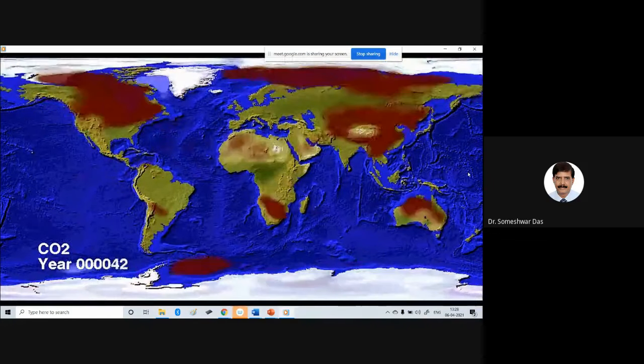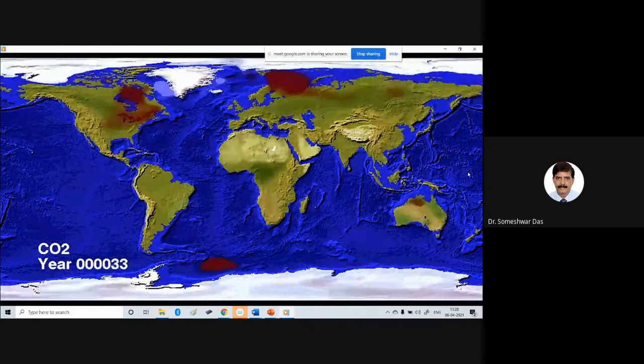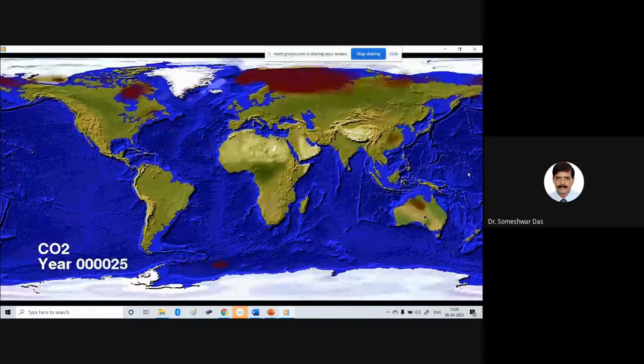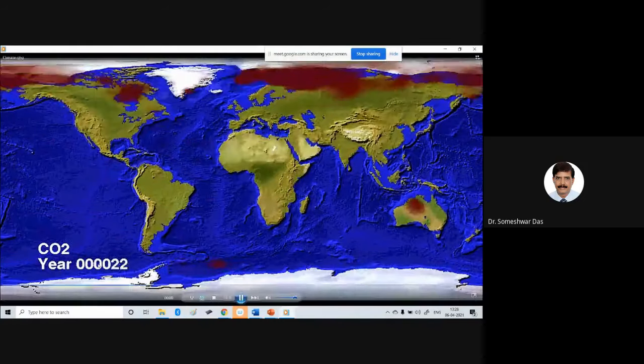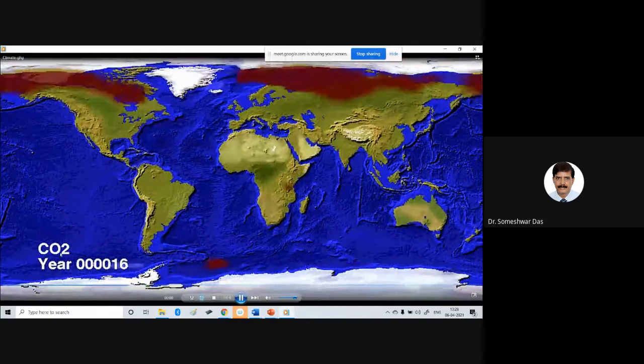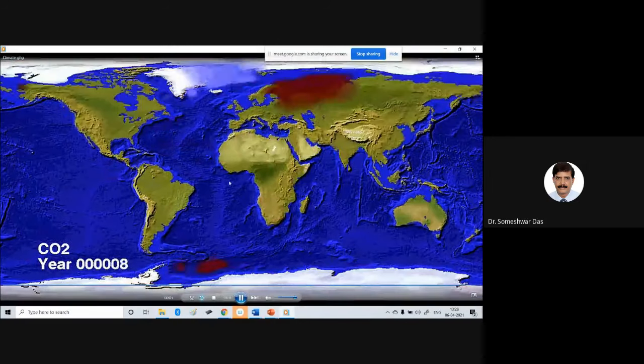So this is a Mercator projection. If you introduce the greenhouse gases in the model, how the climate simulation will look like is what is shown here, and see the change in number. They are the years. How, with different years, by introducing carbon dioxide, the climate will change. So this is yet another example.